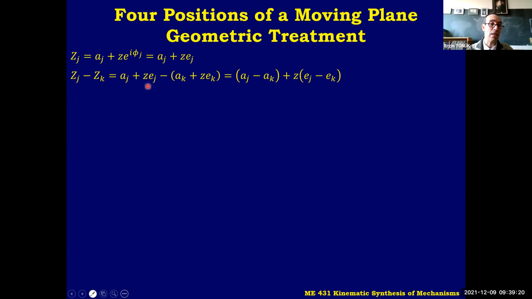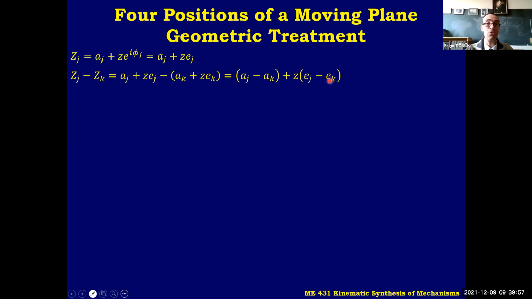It just rotates with respect to the fixed coordinate system, and the origin of the moving coordinate system moves, okay? So that's why we have such a relation, remember. So it's just direct substitution. I have this minus ak plus z ek, okay? So if I just simplify this, this is what I'm going to get.